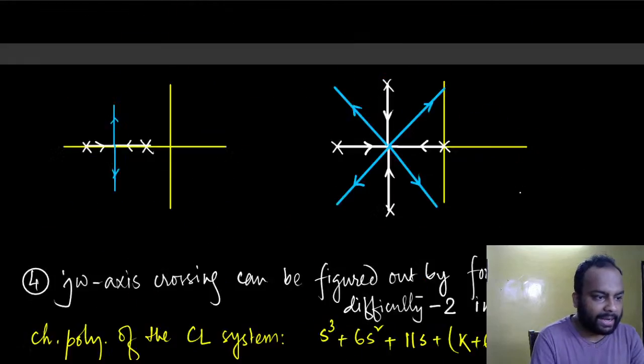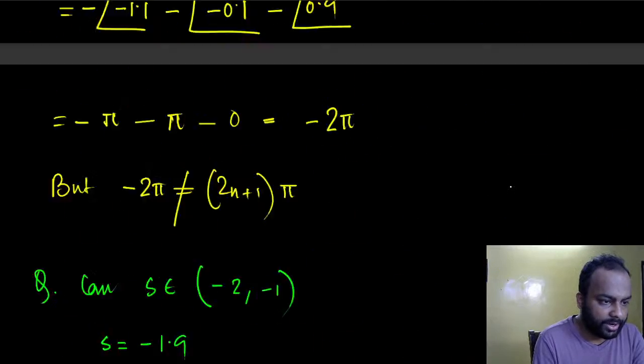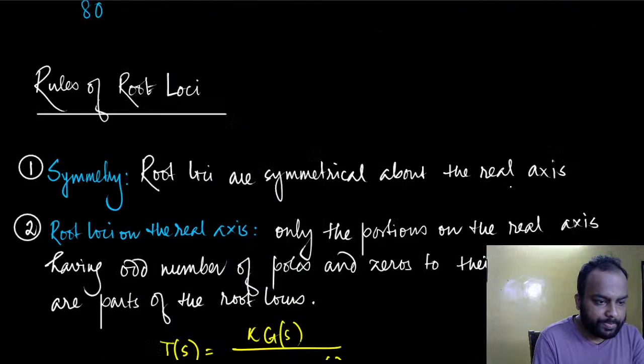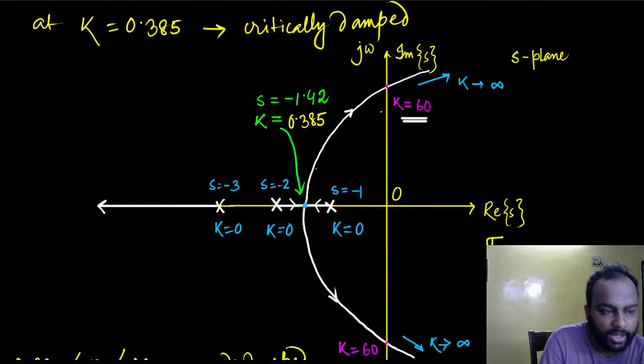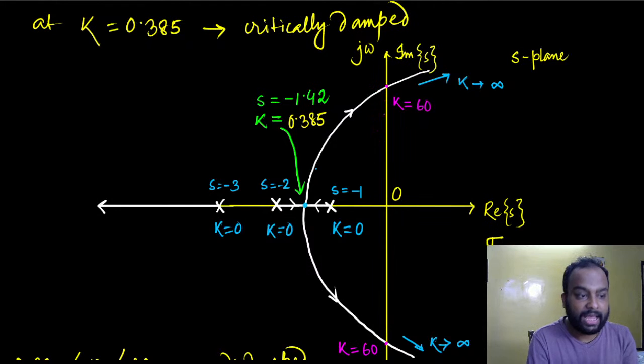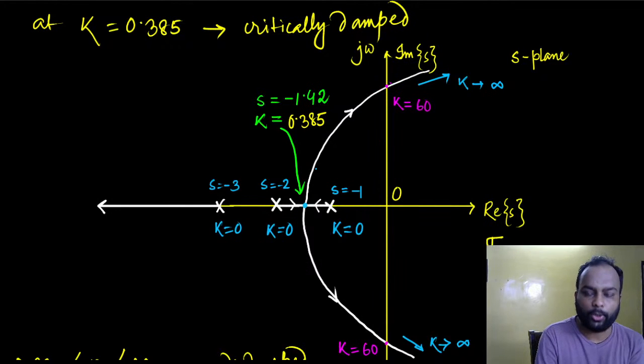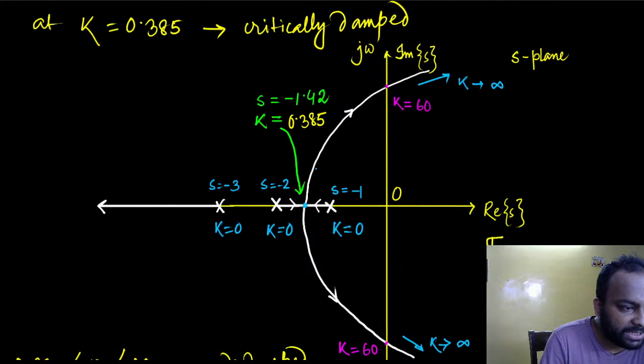Now let's go back to our original plot here. Look very carefully. Previously we just mentioned that at gain k equal to 60 we would have two poles on the j omega axis, but we did not mention the exact locations at which they would cross the j omega axis. Now we are going to mention that.